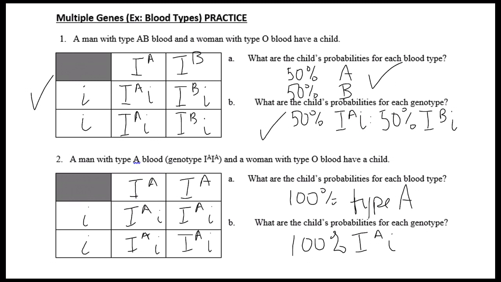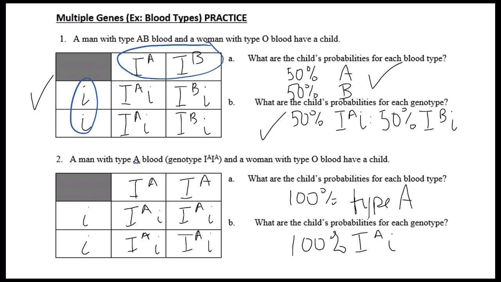They're all based on the blood type practice for multiple alleles. So a man with type AB blood and a woman with type O blood have a child. So here's our man up at the top here and our woman at the side. So the probability here, if you look, because the mother will always donate one of the O type alleles, all of your offspring are going to be either A or B from the dad and carry the O allele.